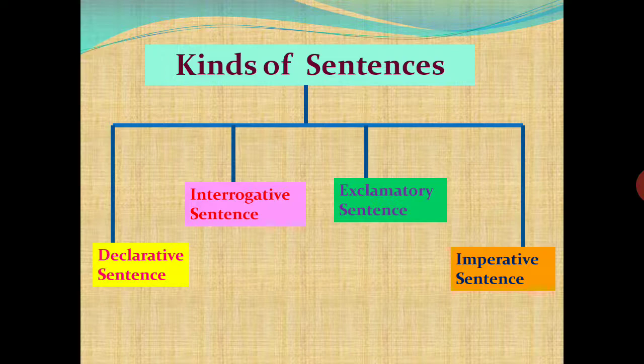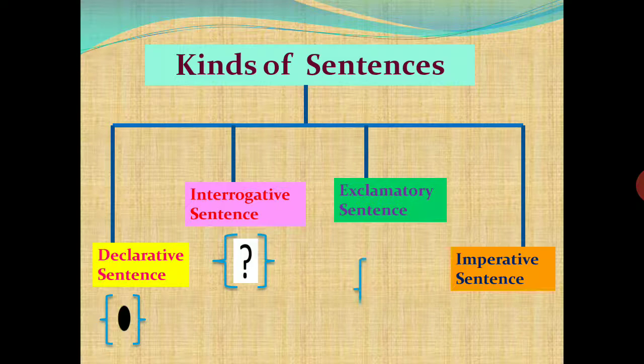Now, these four sentences can easily be identified with the use of punctuation marks. First one, in a declarative sentence, the sentence begins with a capital letter and ends with a full stop. In an interrogative sentence, we make use of a question mark.